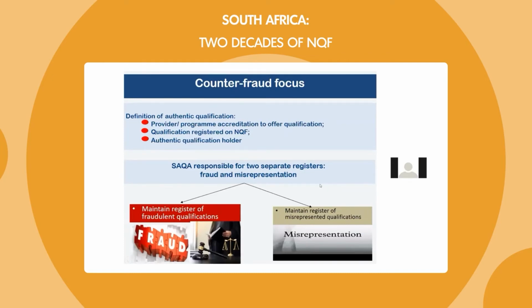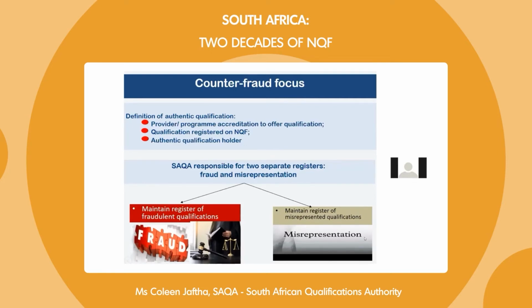So SAQA takes responsibility for developing two separate registers. We maintain a register of fraudulent qualifications, and we maintain a register of misrepresented qualifications. Now you will ask, what is the difference? The difference is that only a judge can indicate that a qualification is fraudulent, so only a court of law can determine that.